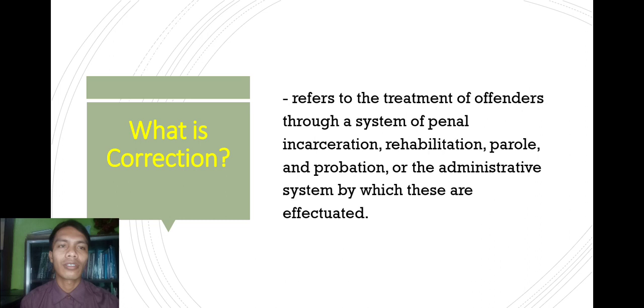So correction is responsible for the treatment of our offenders, the convicted criminals, through rehabilitation, by giving different programs so that inmates, when they return to society, will become law-abiding citizens. So that's the main role of the correction pillar.